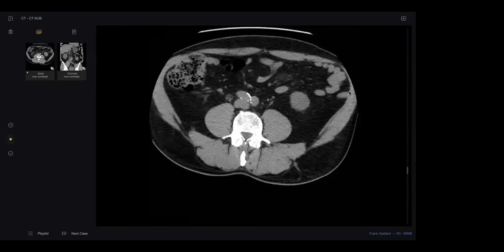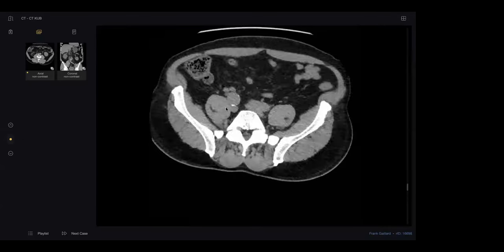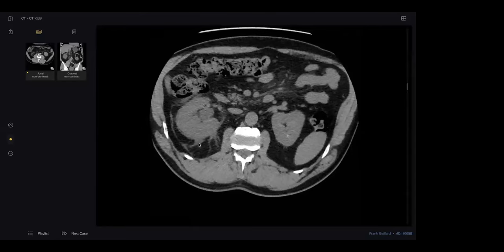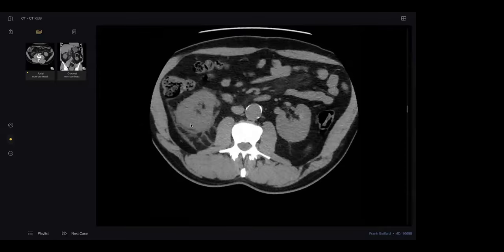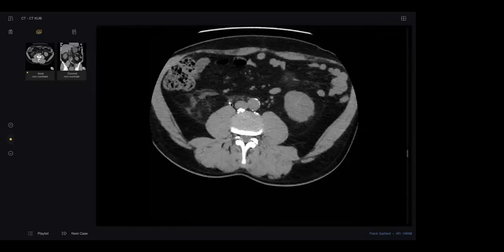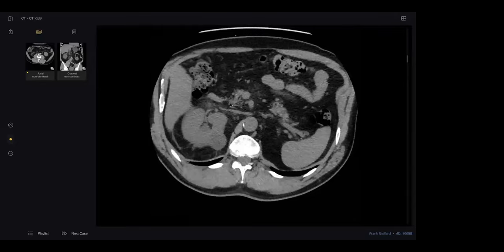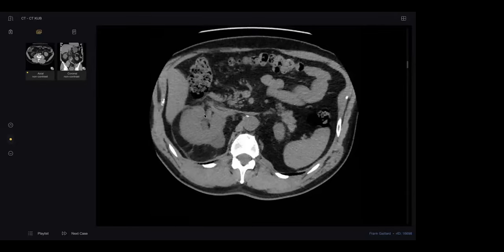Yes, it's bigger, excellent. Would you guys agree it looks inflamed? You can see around it there's fat stranding, which is a sign of inflammation. So the right kidney is bigger. What's happening here is that there's a stone which has blocked the ureter, and as a consequence, the right kidney has become enlarged because it is full of urine.